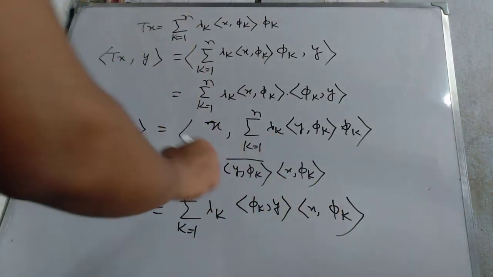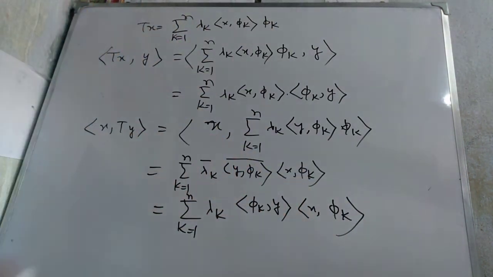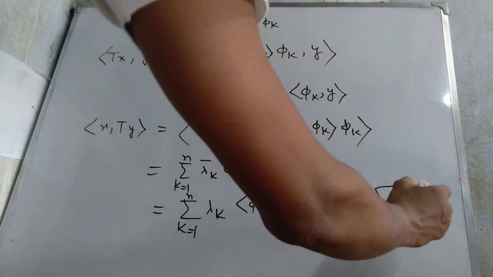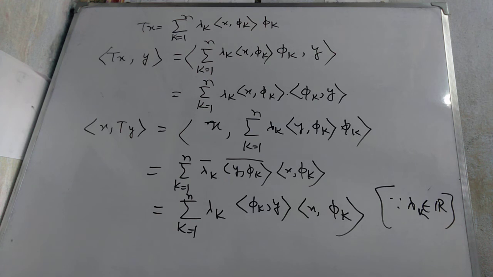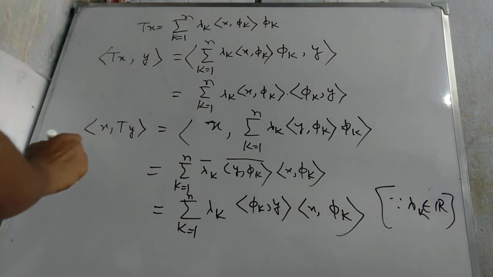So why is this one equal to this one? Because lambda k are real. If lambda k is real, then this is possible, otherwise it cannot be. Here lambda k is given as real, so this one is done.